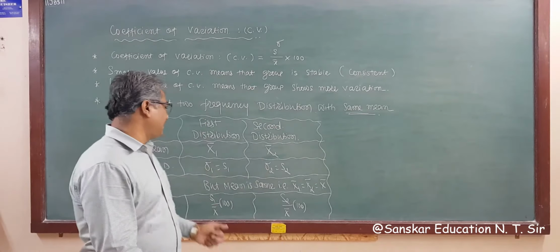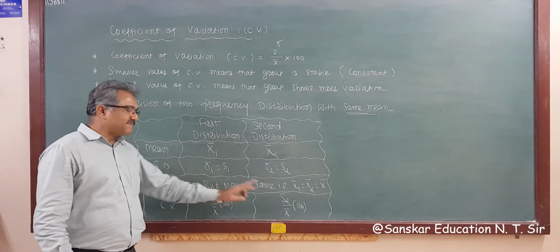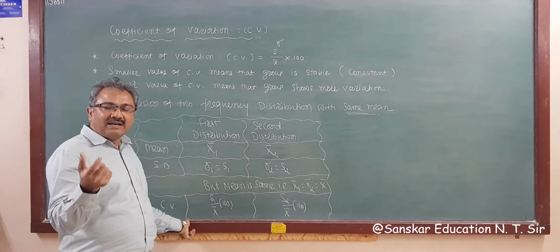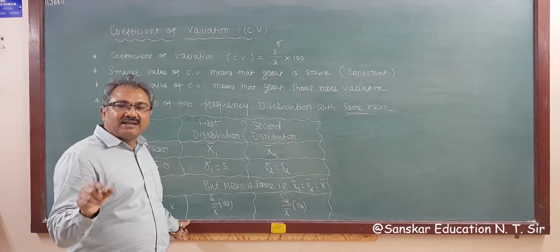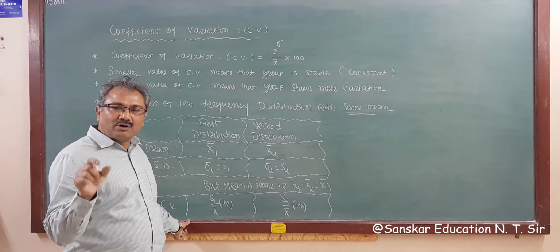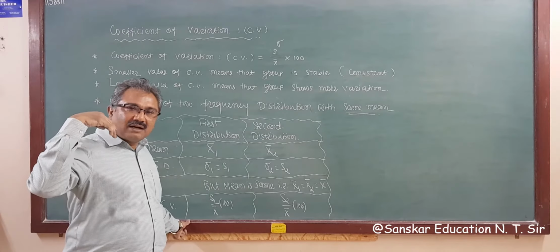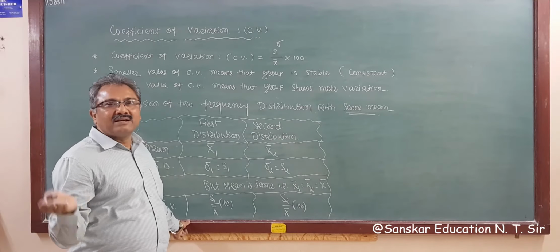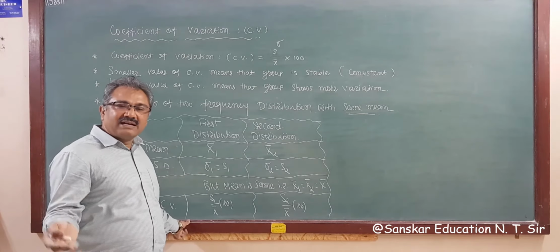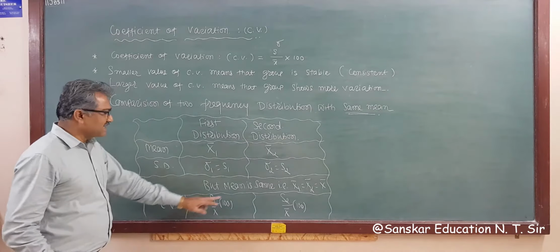So remember one thing. In short, if x bar is the same for two series, or in any comparison of data, if the mean is the same, then everything depends on S1 and S2, that is, on standard deviation. If standard deviation is high, then that group or series has more variation, and if standard deviation is low, less. So suppose these are S1 and S2.